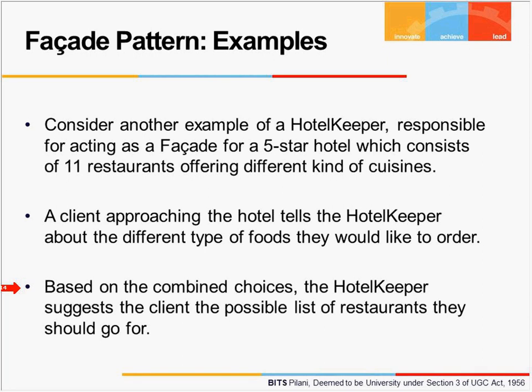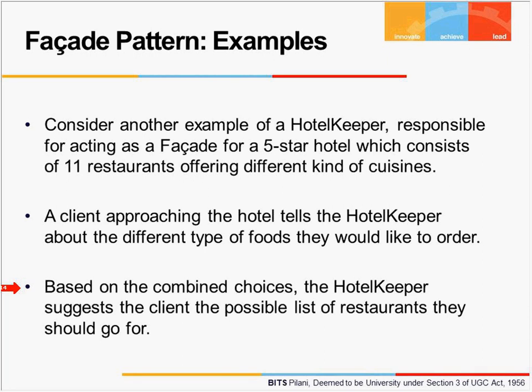What you give to the facade object, or in our case, in the example that we are discussing, say for Trivago, you give it the requirements as per your budget, or dates on which you want to travel, etc. And it does matching for you from all the websites, right?